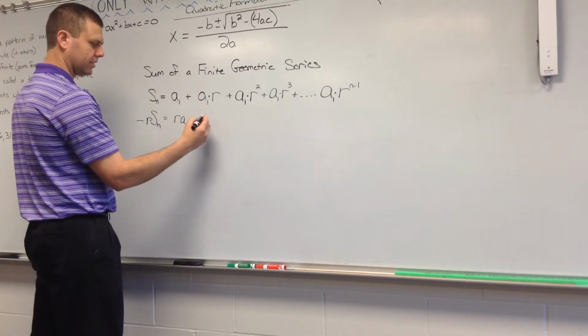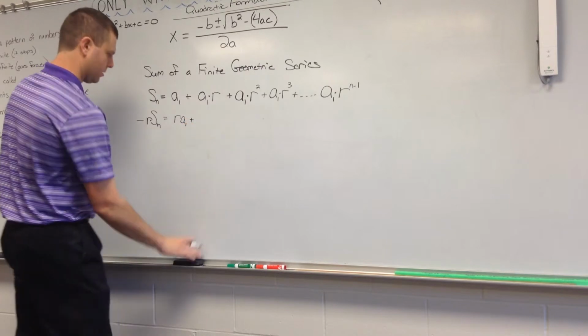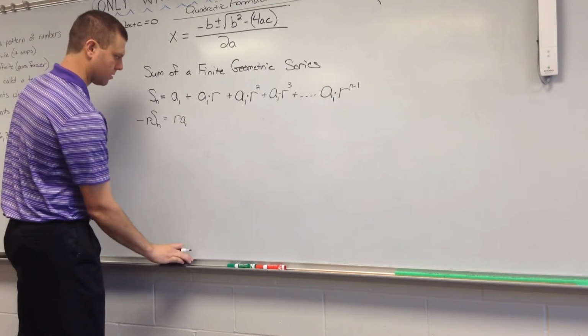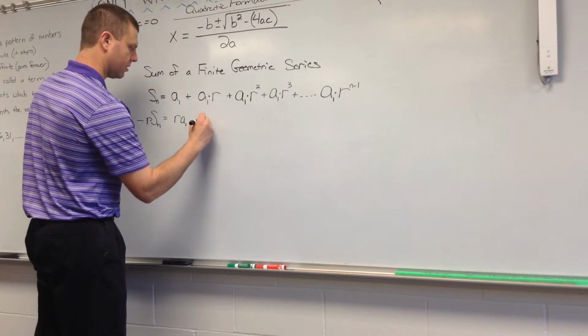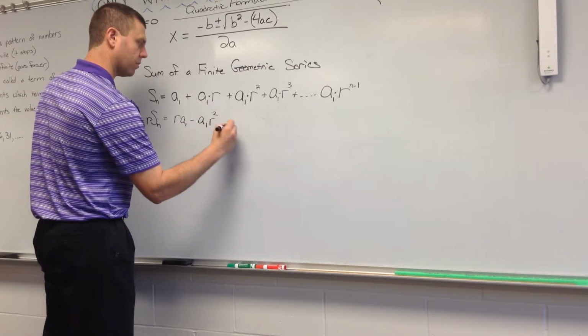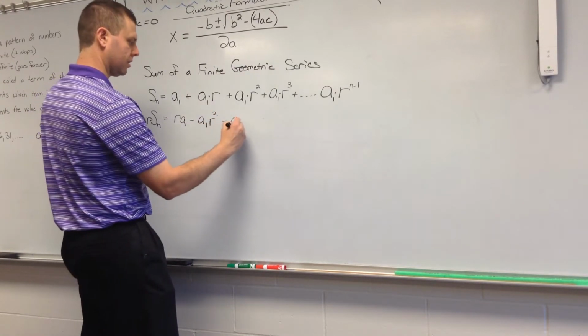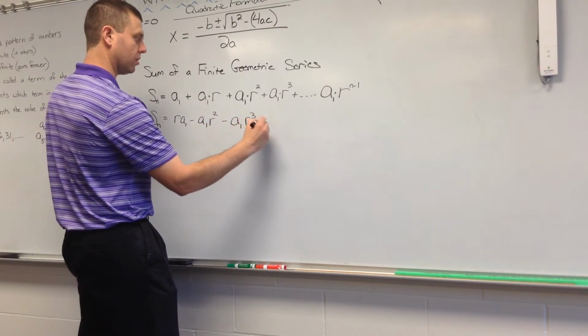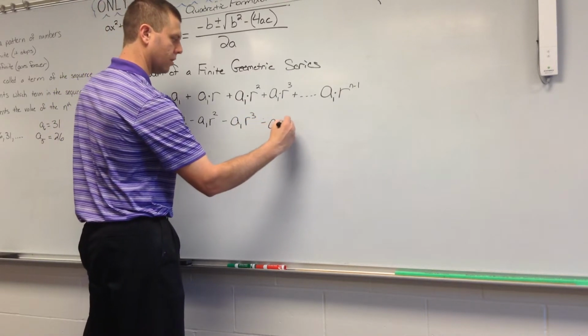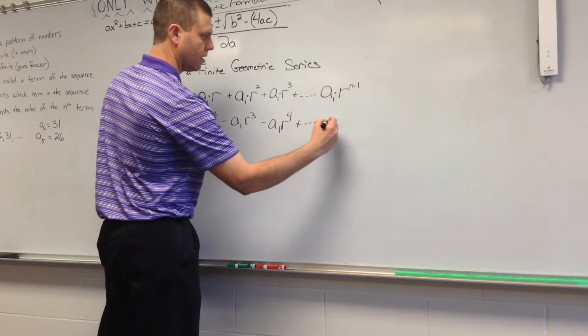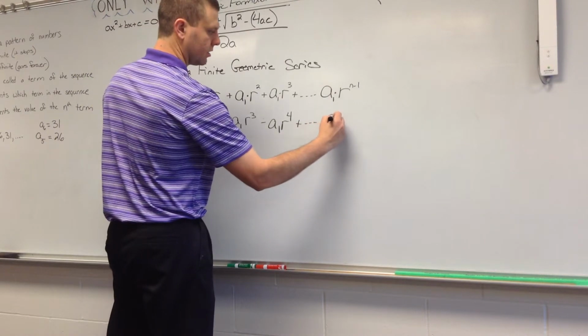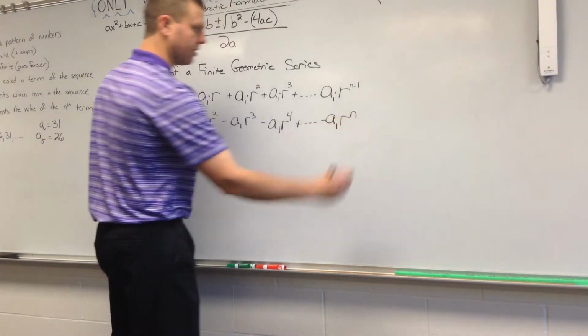If I take this, minus a sub 1 r squared, minus a sub 1 r cubed, minus a sub 1 r to the 4th, and then minus a sub 1 r to the nth.